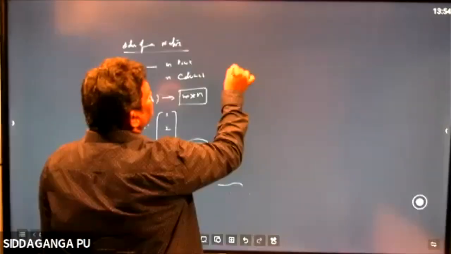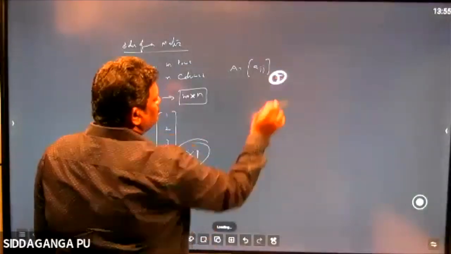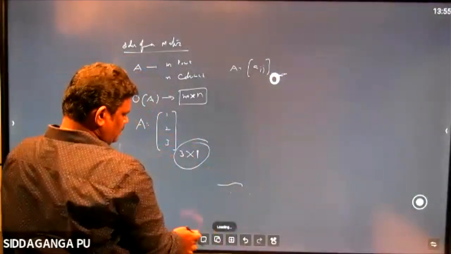Another point to remember: a matrix can be defined as Aij, and its order is m by n. Suppose A equals Aij; this matrix order is m by n.